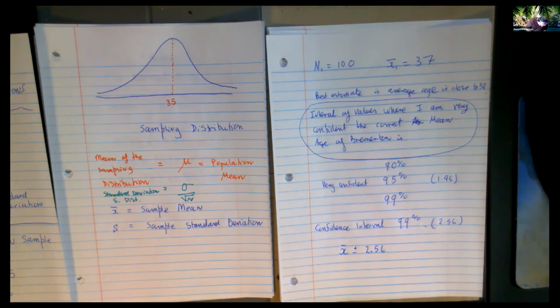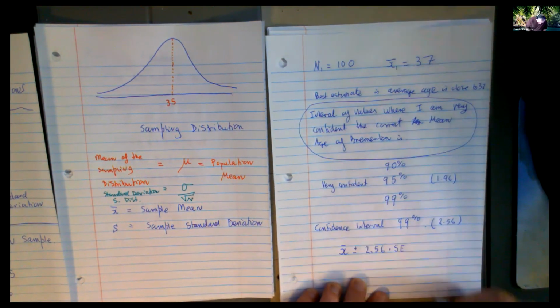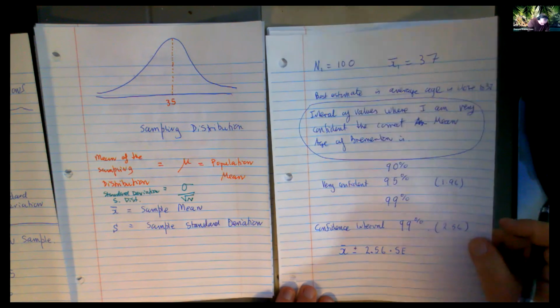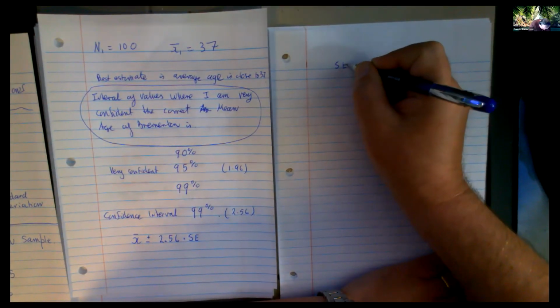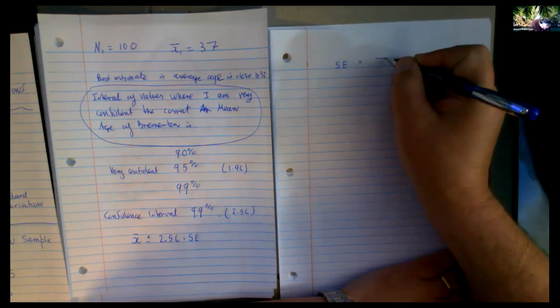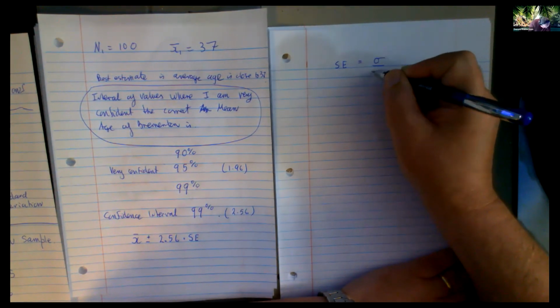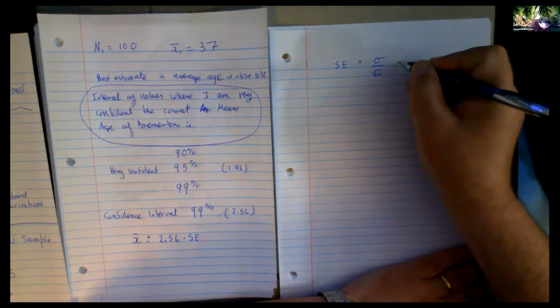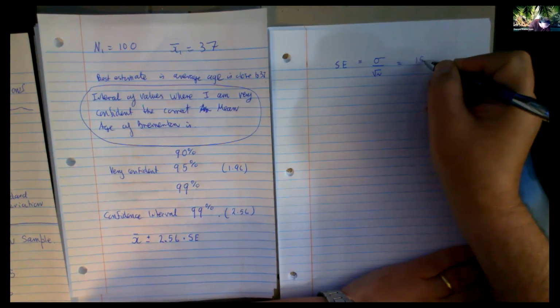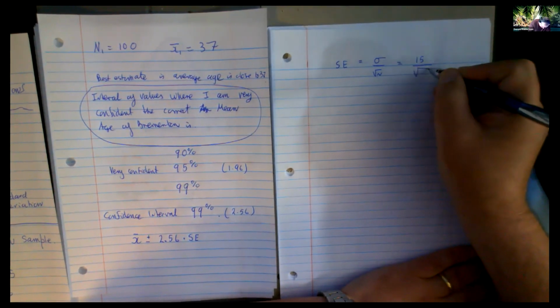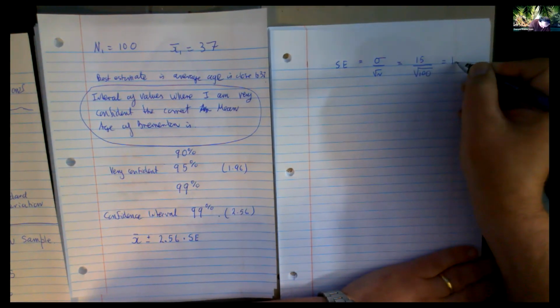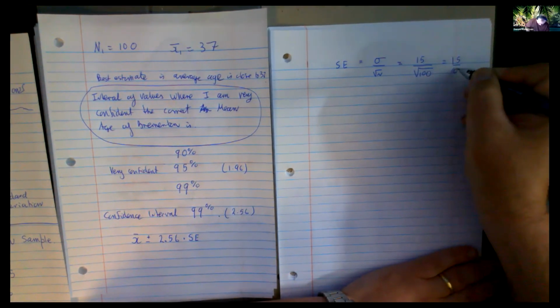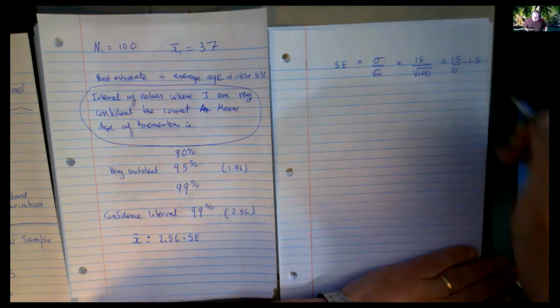Times what's called the standard error. And the standard error is sigma over the square root of n. So in this case, it's 15 over the square root of 100, which was 15 over 10. So that's 1.5. Okay.